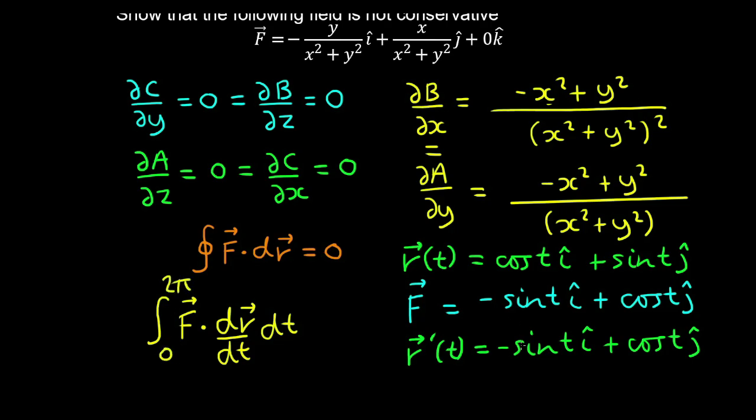So f dot dr dt is sine squared t plus cosine squared t, which is 1, and therefore the integral of 1 over t from t equals 0 to 2 pi is 2 pi. So therefore the line integral over a closed loop does not evaluate to 0, and therefore f is not a conservative field over its general domain, because it's not a simply connected domain.